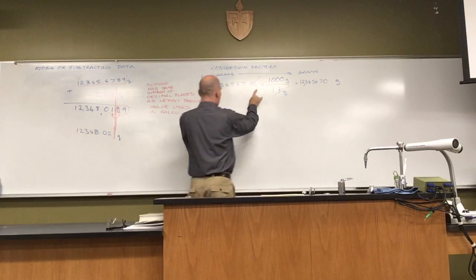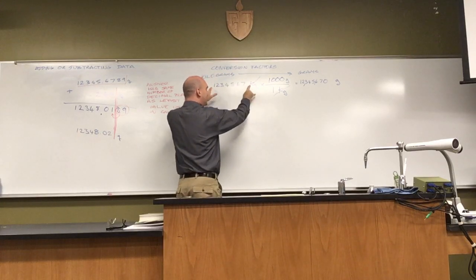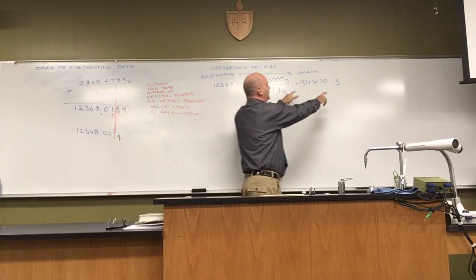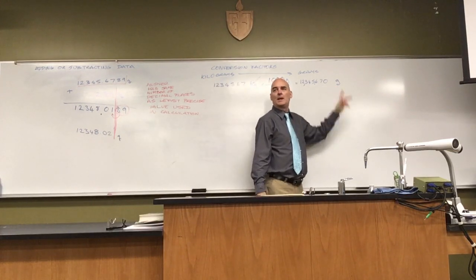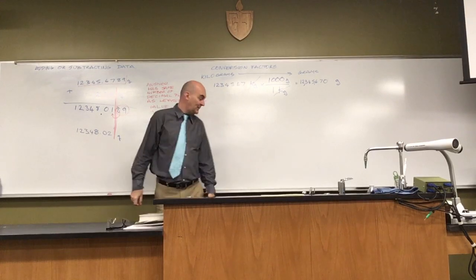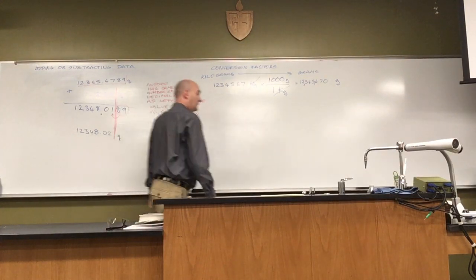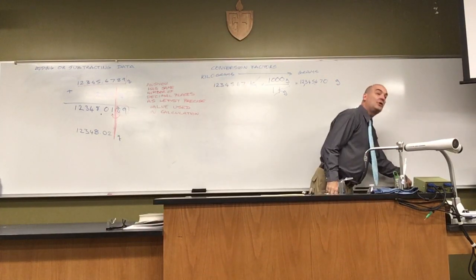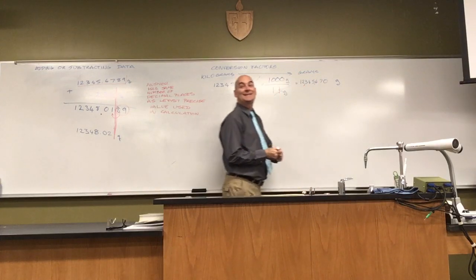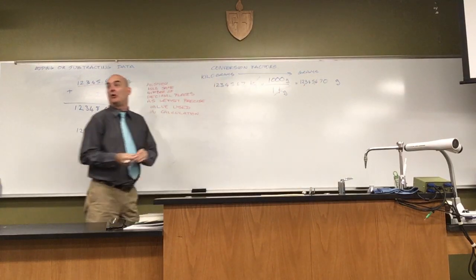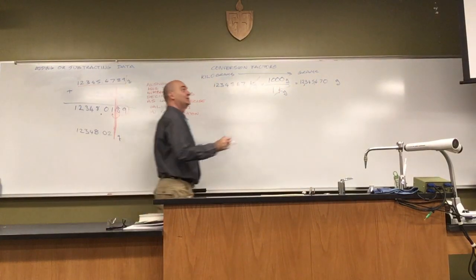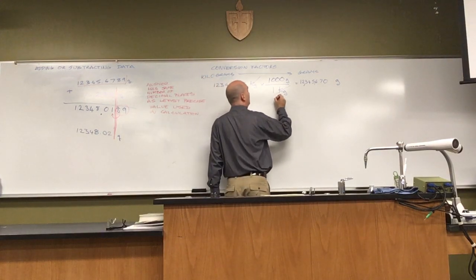But somebody measured that to this level of precision. Why would you lose it just because you changed the units? Which tells us, where's my red pen? Conversion factors are exempt. They are not part of the significant figures discussion.